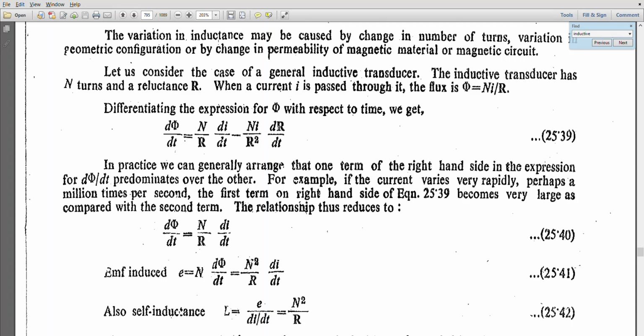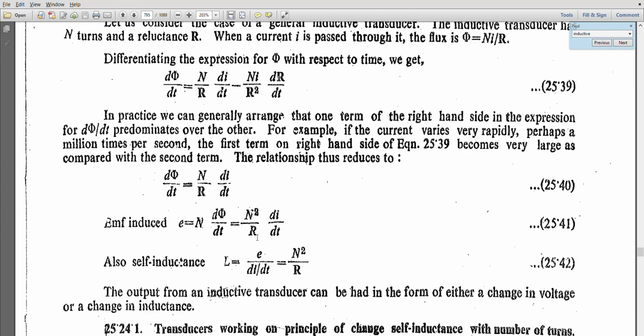The EMF induced in the coil is given by E equal to L di by dt. Substituting this value in the previous equation, you get N squared by R di by dt, and E by di by dt, which we saw in the previous video is the inductance, can be written as N squared by magnetic reluctance R.